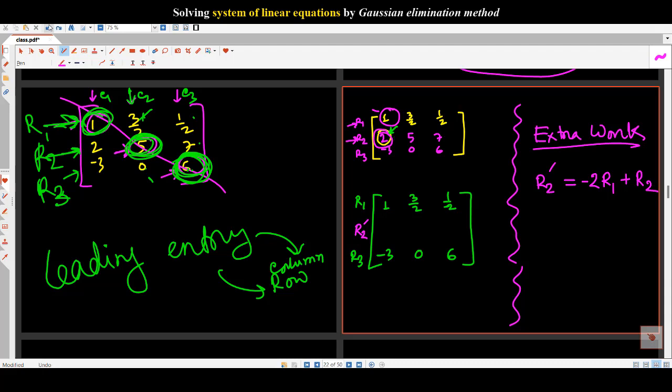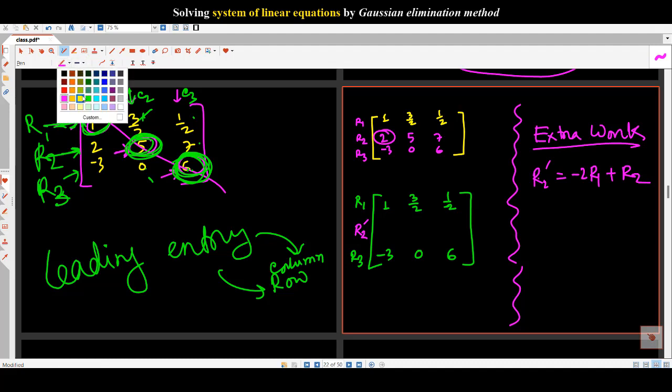So this is how we can make 0 here. So that means to make 0 we need -2 R1 plus R2.